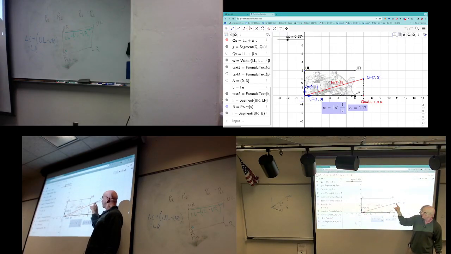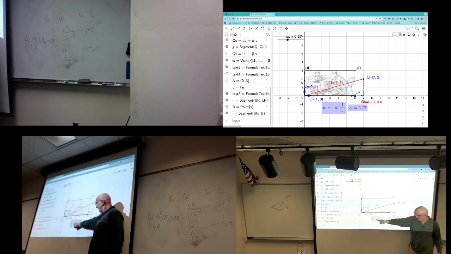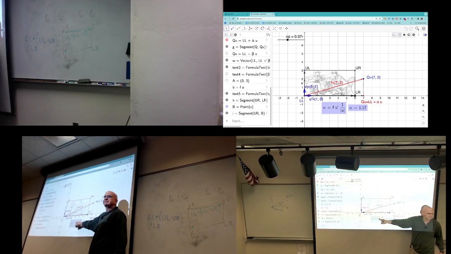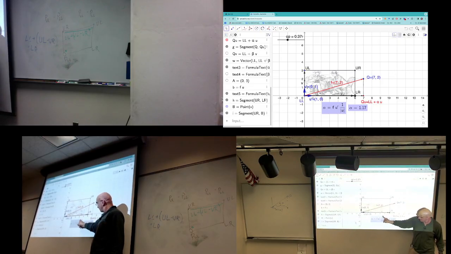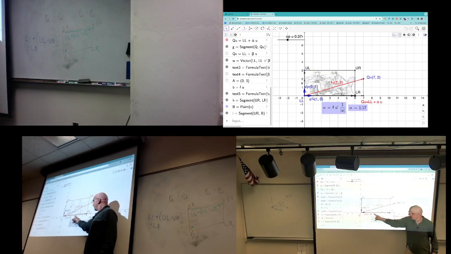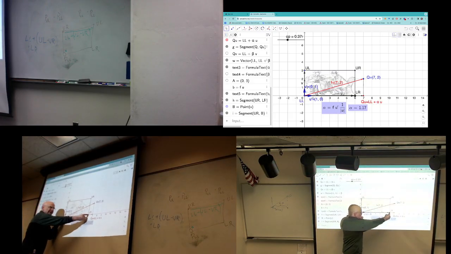F is this vector from the lower left corner to Q. Take F multiplied by U prime, which is U just normalized, like the X vector over here, multiplied by 1 over the length of U without the prime, which in this case is 1 over 6, the distance from here to here.